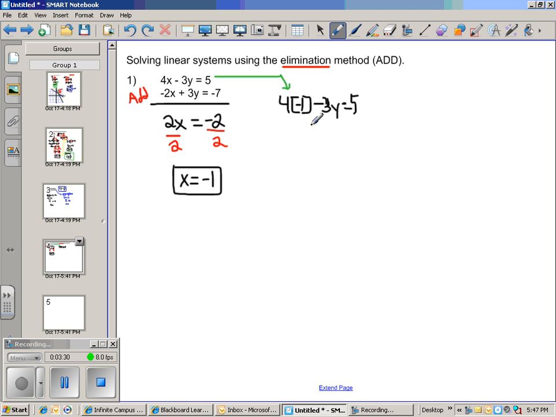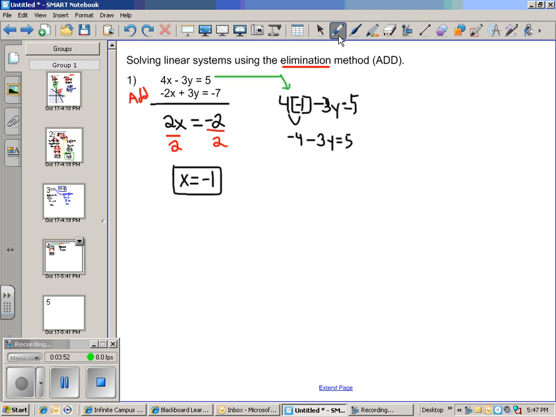Well, once you plug in x equals negative 1, all you have left is y, and it's now an algebra problem that we want to simplify. 4 times negative 1 is negative 4. Negative 3y drops down, and we get 5 left over here.